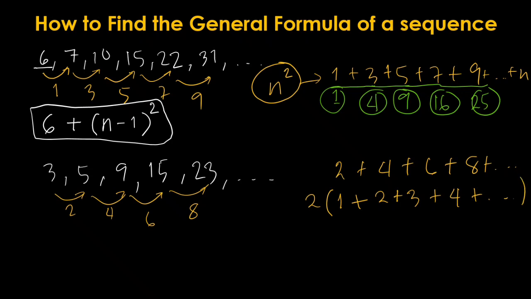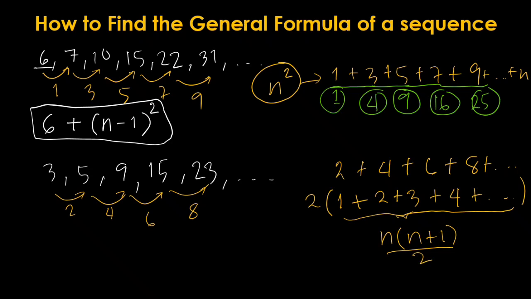Now we can simply see that this is just the sum of consecutive counting numbers. If you remember the mathematical induction, the formula of this one is n times n plus 1 over 2.